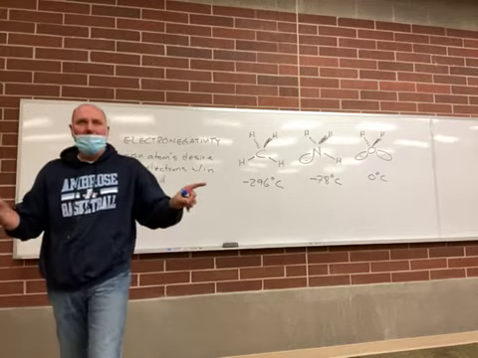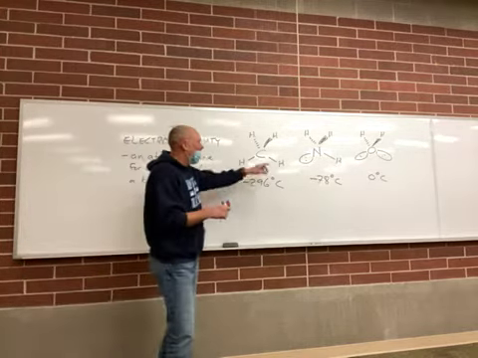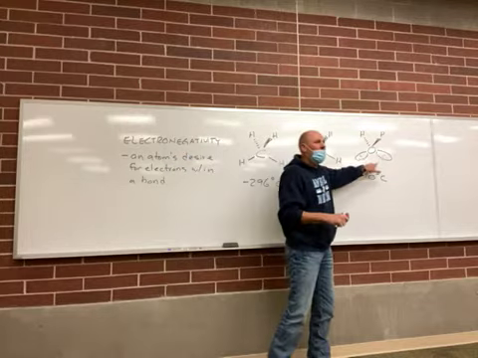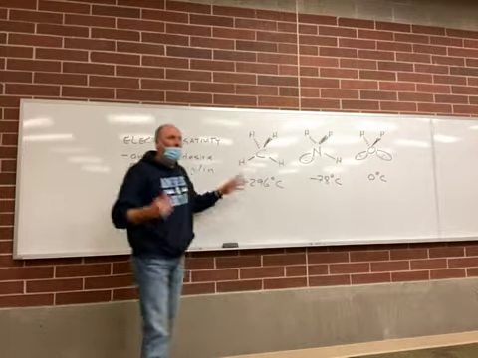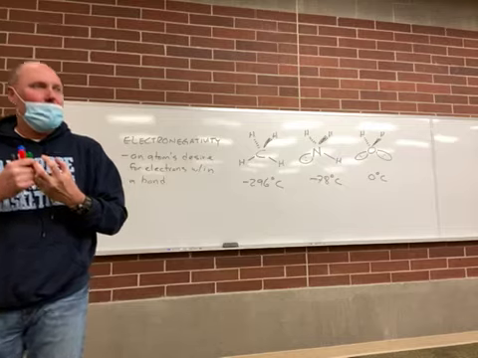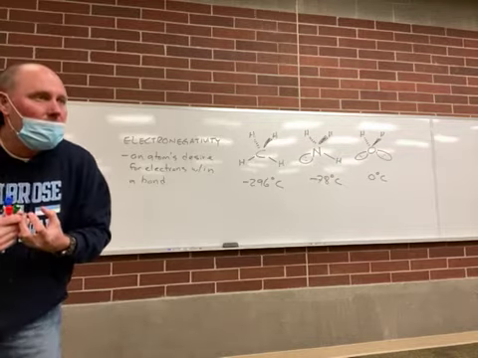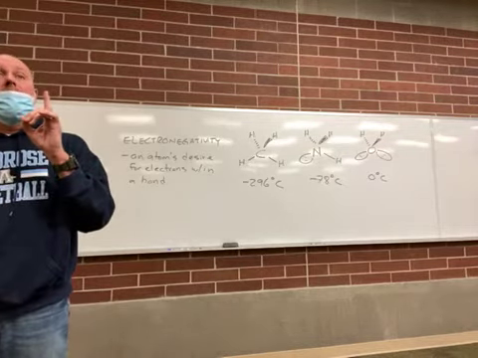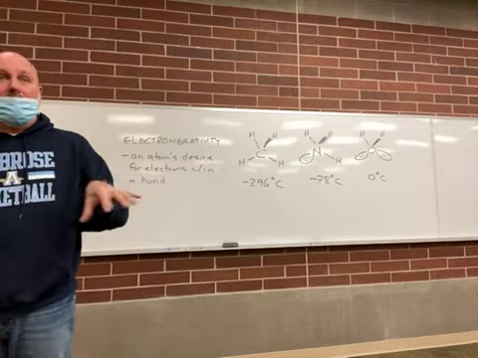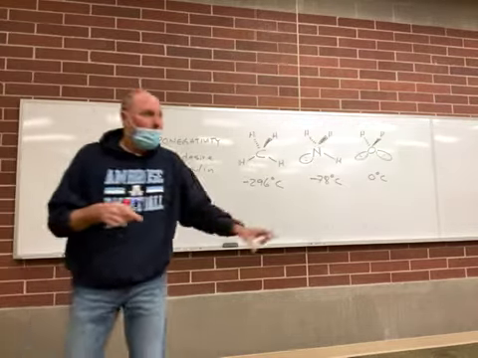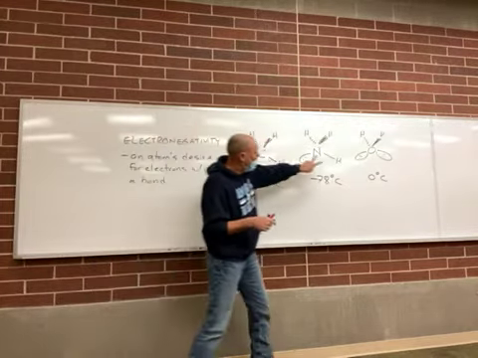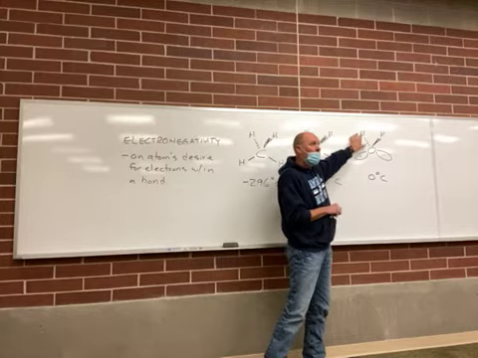It makes no sense. You can't tell me that 1 atomic mass unit between these changes their internal attraction for each other that much. Something else is going on. That's called electronegativity, because these bonds are not equal.